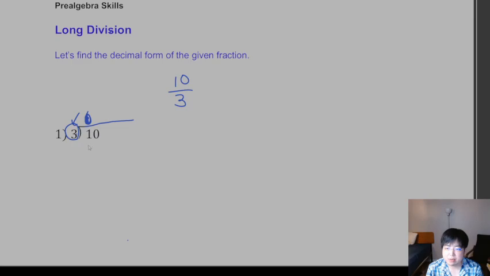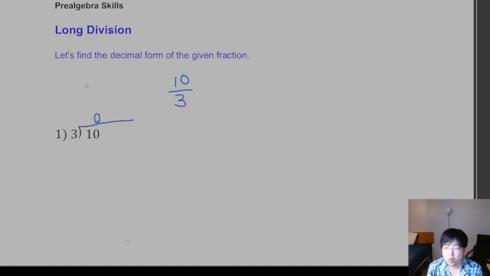So 10 times 3 is 30. And the rule of long division is that this number should not exceed the number on the top. So 30 already exceeds 10, so we cannot multiply 10 by 3, right? So we need to go to the next digit.